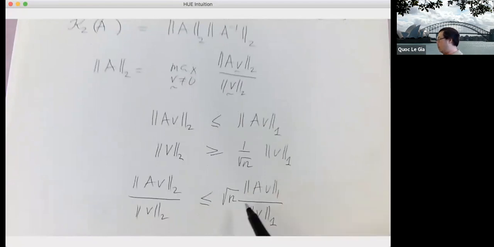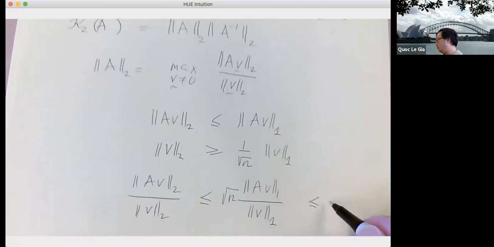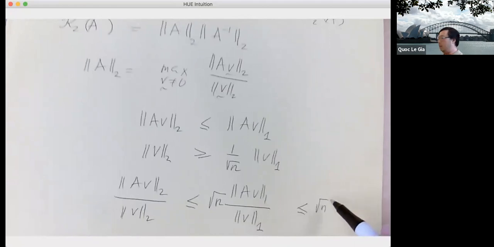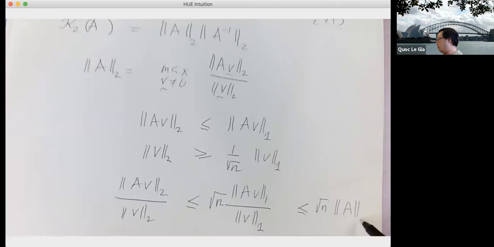Now remember, if we take the maximal over V, then this one becomes the 1 norm of the matrix A.